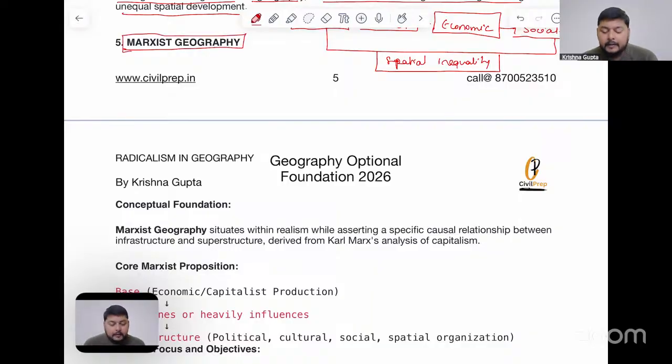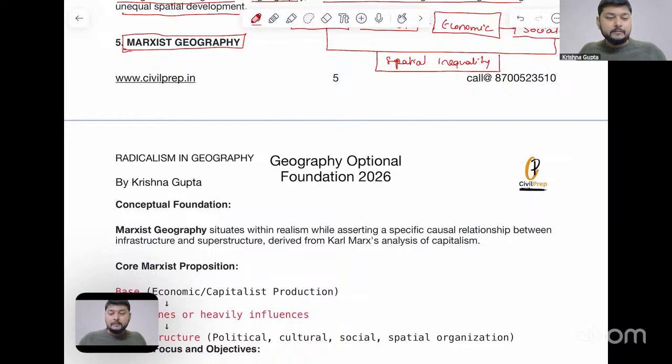Before moving ahead from structuralism and realism, do you have any doubt here, or have you understood this part? We will also be going through case studies to understand this phenomenon in a better way. Have you understood this part?